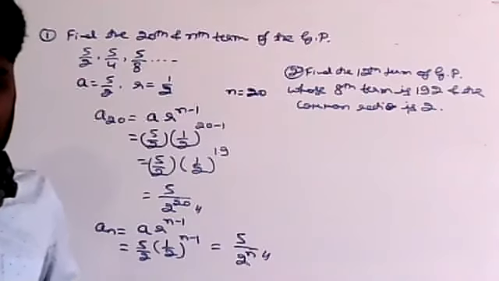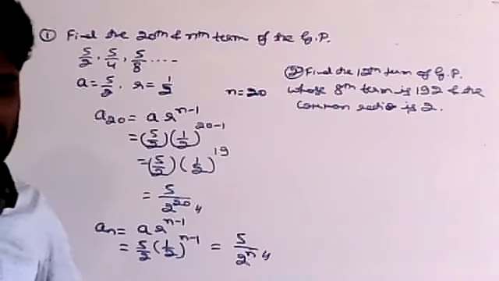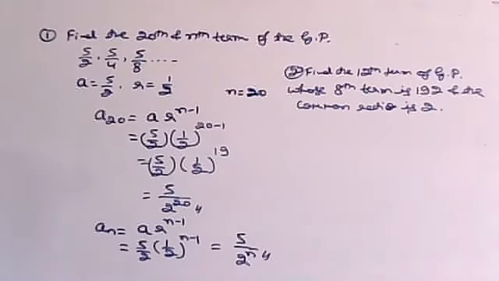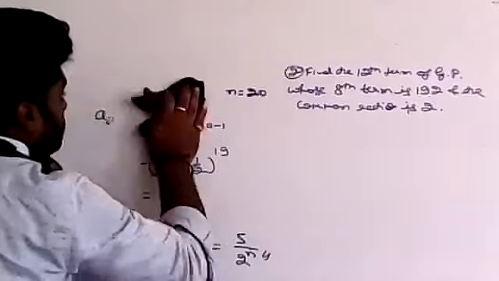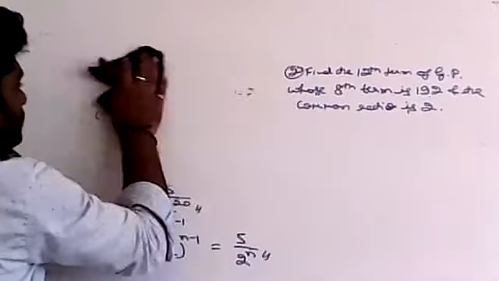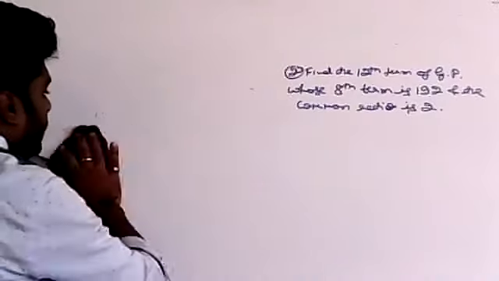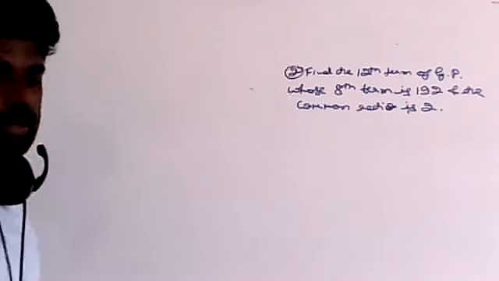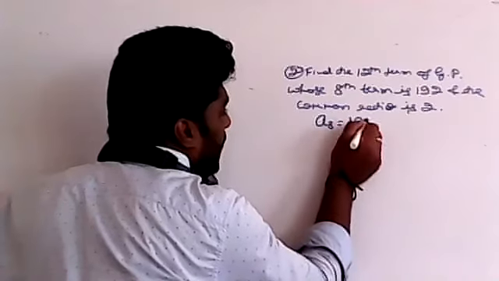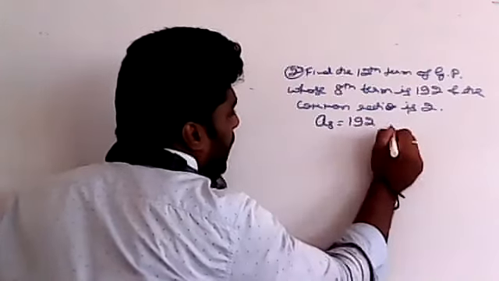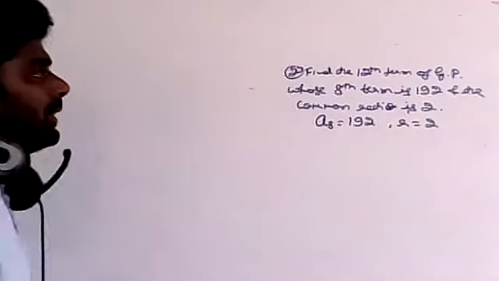Yes, right, Mahima. A8 is what? 192 and R is equal to 2. Good. Correct. As I said, the 8th term is 192, and they have given R is equal to 2.